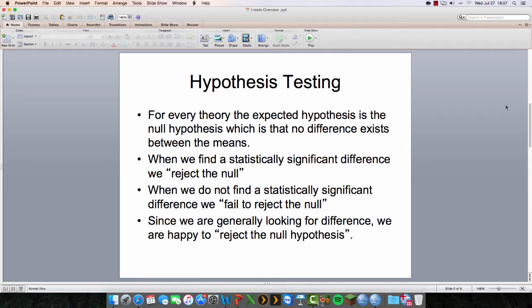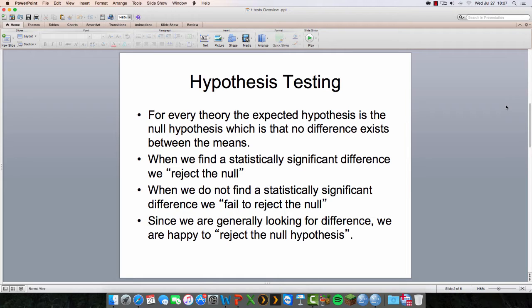So the way we do that is through the use of the null and the alternative hypotheses. We have our theory, we phrase it essentially in two ways, the null hypothesis and the alternative hypothesis, and we see if we can reject the null hypothesis or if we fail to reject the null hypothesis. And that tells us whether we falsified what we've done.